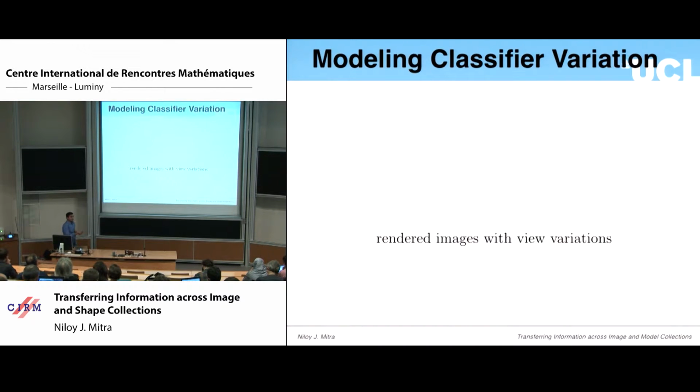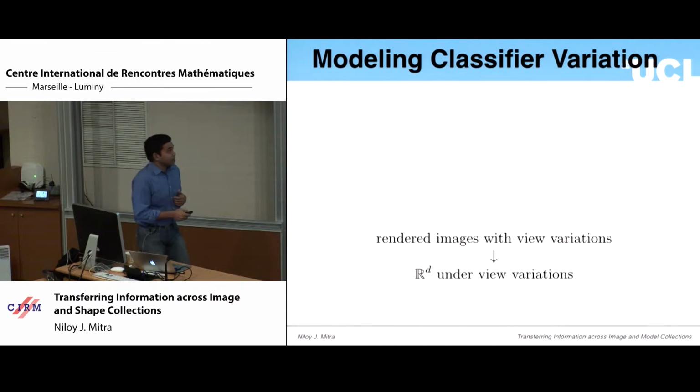And then what we are interested in is tracking the variation across view, because they're ordered. So these feature vectors can now be tracked across views. So it's not a single feature point, it's a track of feature points, where each point has a theta, or a degree, associated with it. You can think of this as a regression problem.